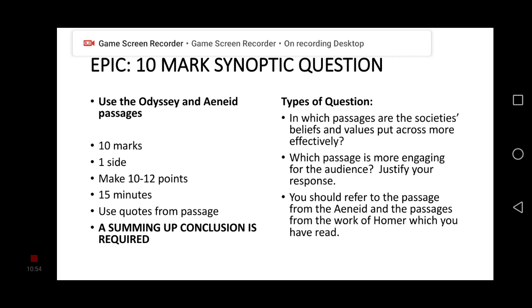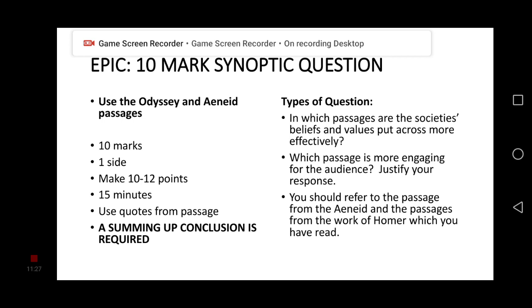A plus point is you've read both passages, you've read the Odyssey, you've read the Aeneid, so you are familiar with them. But the passage should link the two. In which passages are the society's beliefs and values put across effectively? So you have maybe the Odyssey with Xenia, you might get the Aeneid with Xenia as well, hospitality, or another value, and you've got to look at which is the most effective passage to put it across.